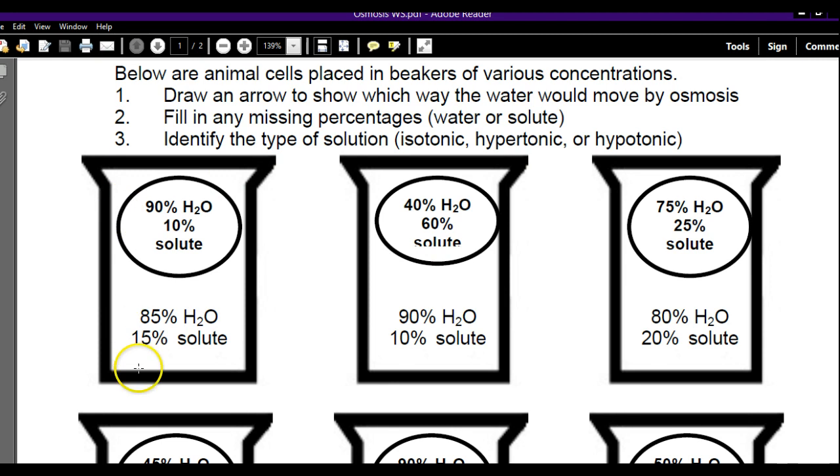So once you identify the solution that this cell is sitting in, like we said, water is going to move from an area of high concentration to low concentration, or I said it's going to move from an area of low solute towards the higher solute concentration, just because naturally that works itself out. If there's more solute, then there's automatically going to be less water, or vice versa.